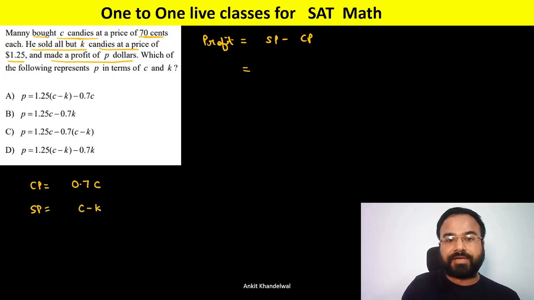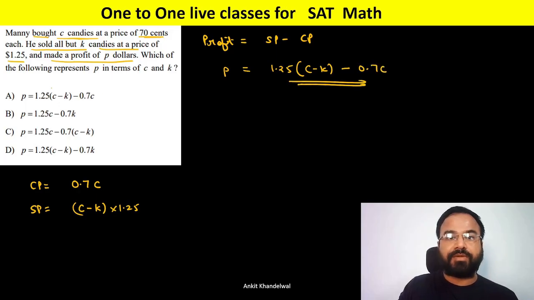From the C subtract the K, this much is selling at a price of $1.25. So this is the selling price. So profit P will be equal to selling price, meaning 1.25 times (C minus K), minus 0.7C. Option A is the correct answer. Simple one.